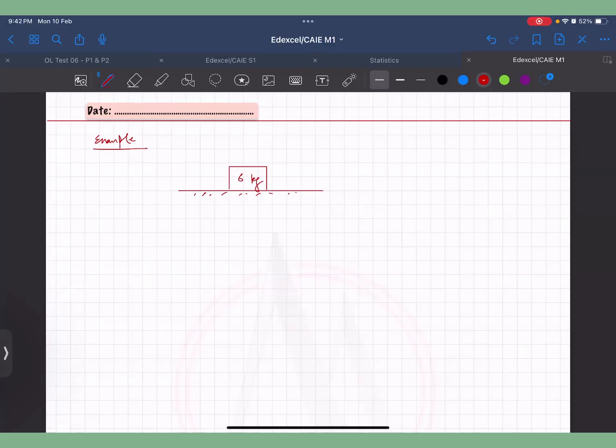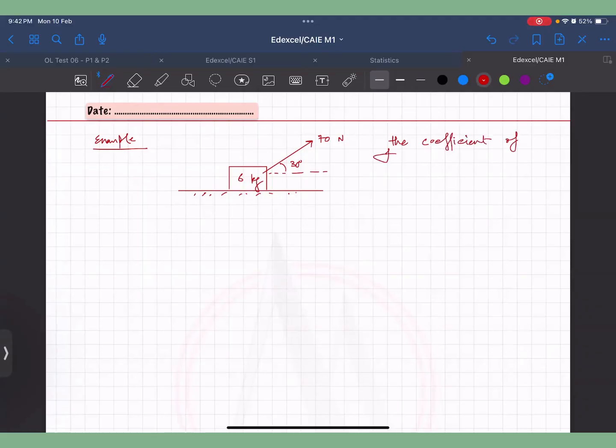I try to make the question as reasonable as possible. And there is a force like this, which is 70 Newton at an angle of 30 degrees.